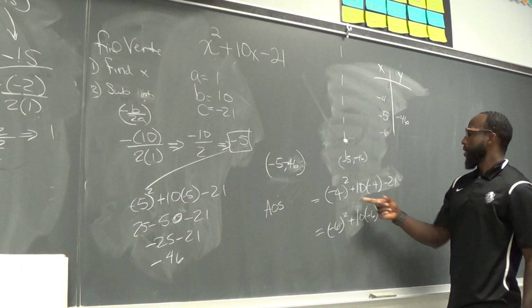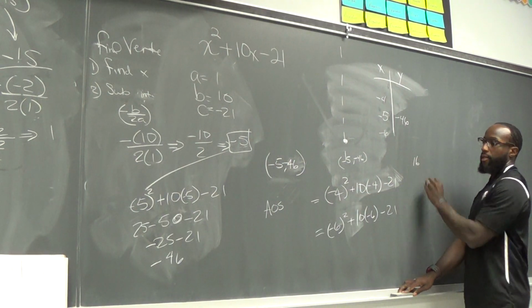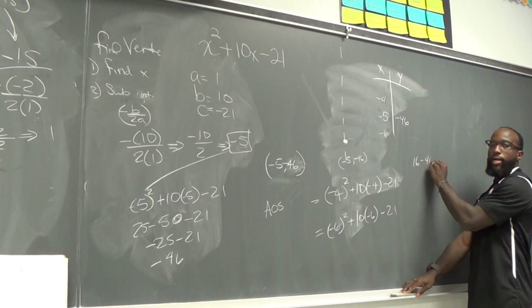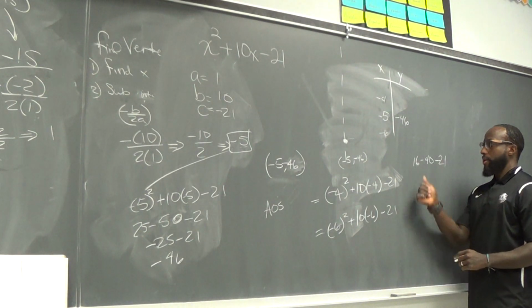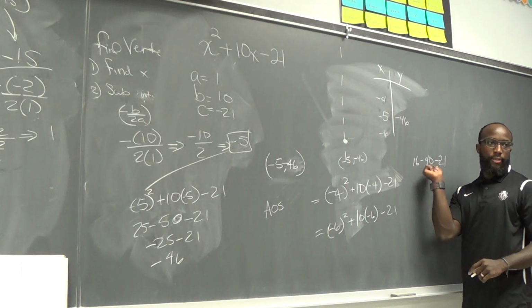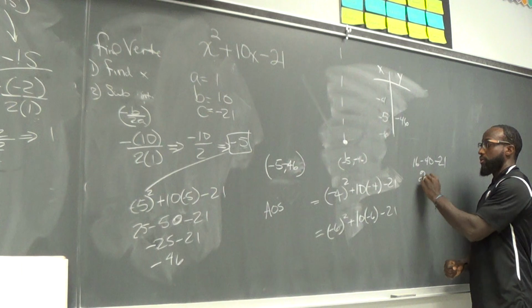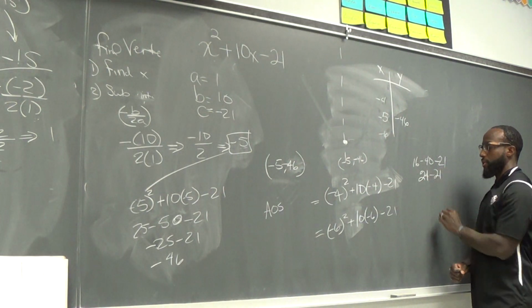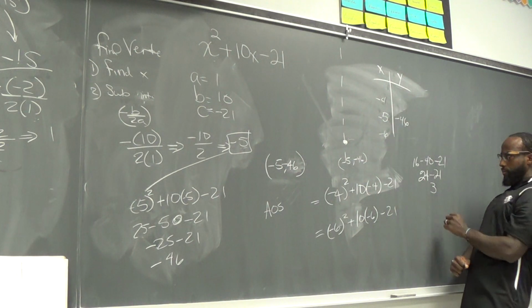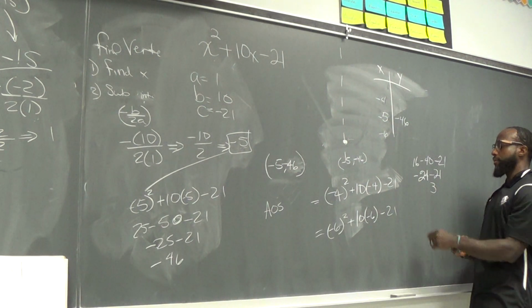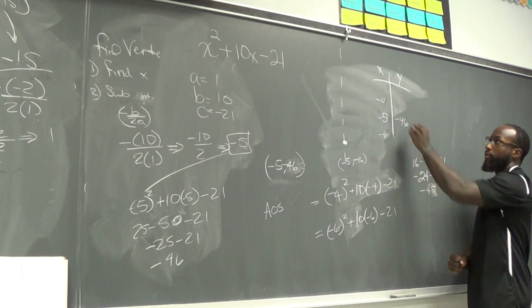So here we go. Negative 4: 16, minus 40, minus 21. 16 minus 40 is negative 24, minus 21, negative 45.